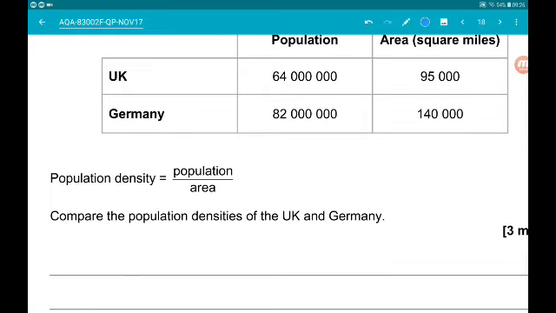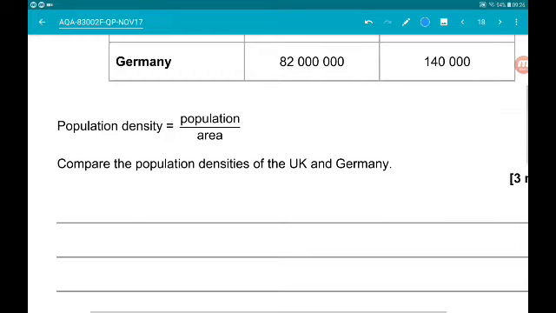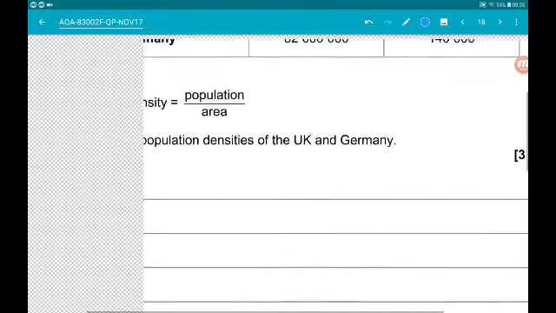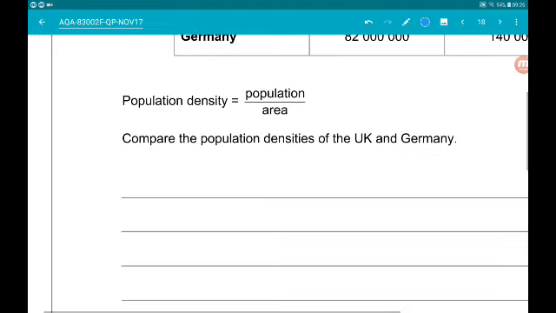We're told that population density is population divided by area. The question wants us to, for 3 marks, compare the population densities of the UK and Germany.